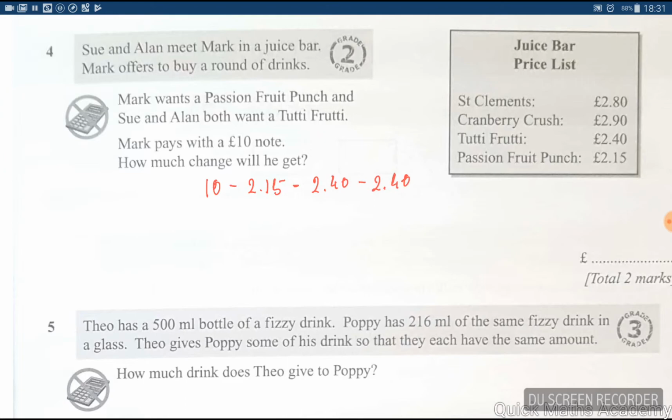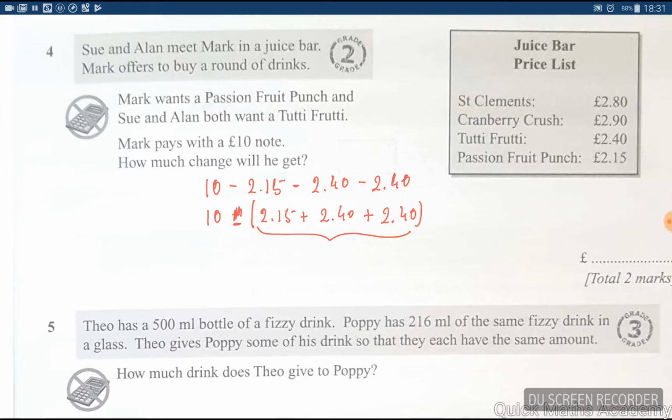Okay, so you might want to do it like this to sum up all the expenses first. Alright, 2.40 plus 2.40. Notice this is exactly the same, but in here I'm able to sum all this first before subtracting. Sorry, this is a minus here.